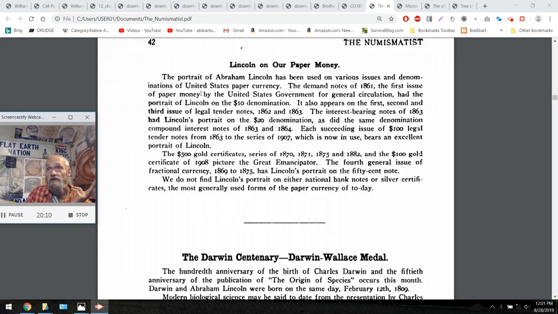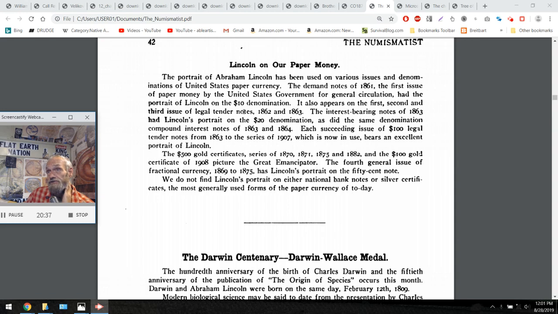So it says here that around 1909, they considered putting Lincoln on our paper money. The portrait of Abraham Lincoln has been used on various issues and denominations of United States paper money. The demand notes of 1861, the first issue of paper money by the United States government for general circulation, had the portrait of Lincoln on the $10 denomination.